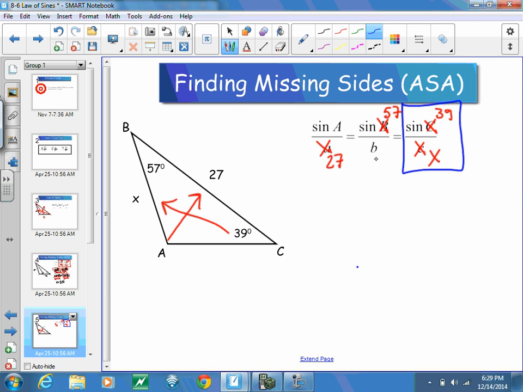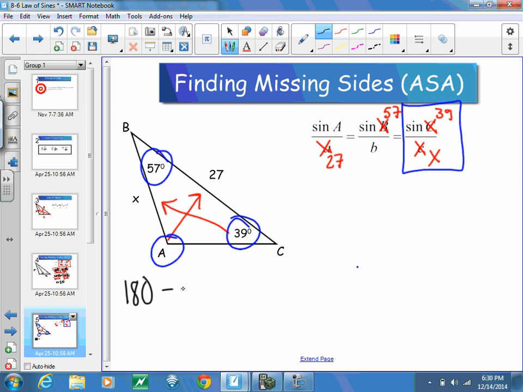The other two ratios are not complete, so I cannot use my proportions to solve this unless one of those is complete. So we have to think, what other information do I know? Since they give you 2 of the 3 angles, we can find the third angle. We know that the 3 angles of a triangle have to add up to 180 degrees.